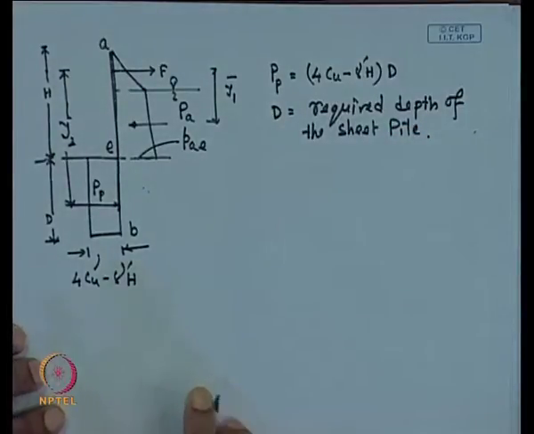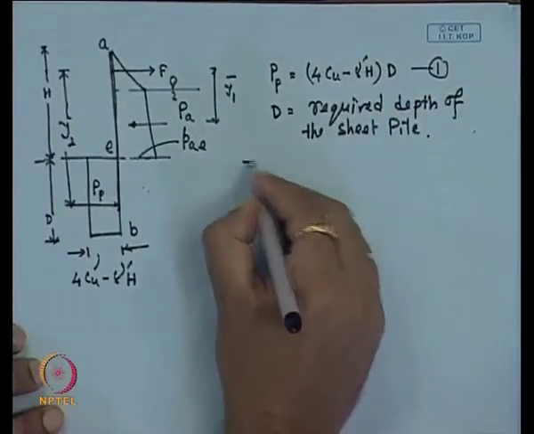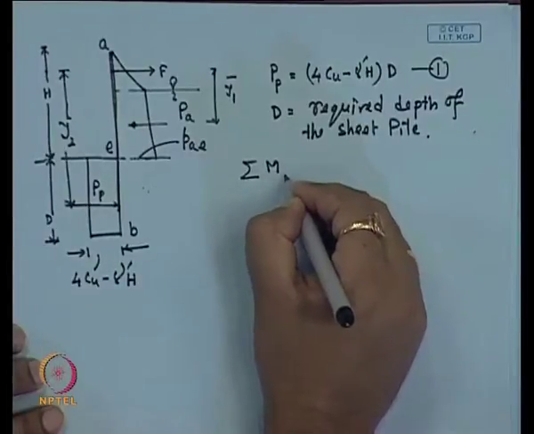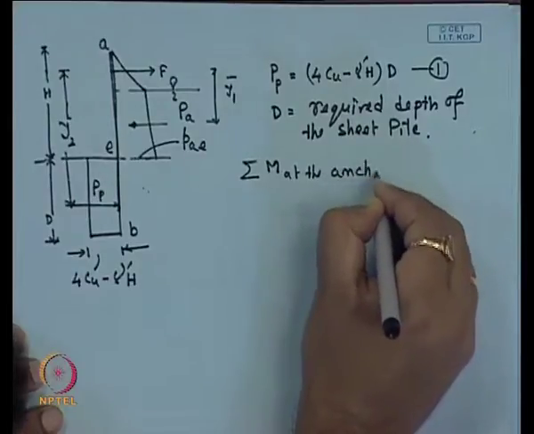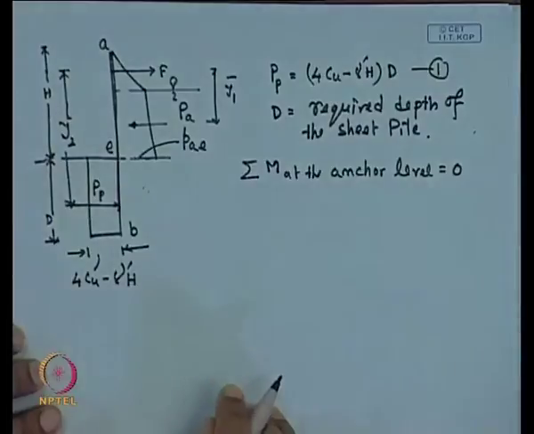So, now we can write this expression: summation of the moment taken at the anchor level is equal to 0.